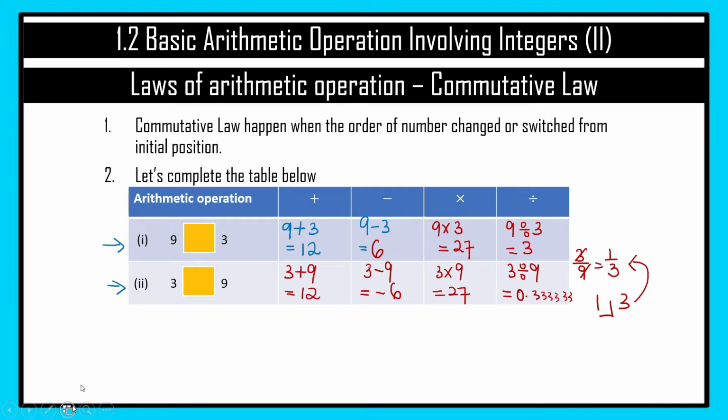Okay, back to this commutative law. Commutative comes from the word commute, which is moving from one place to another place.